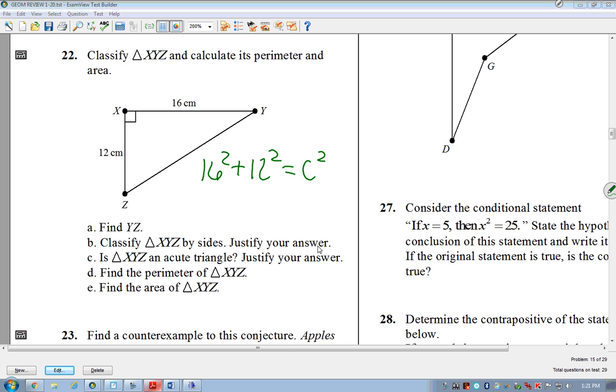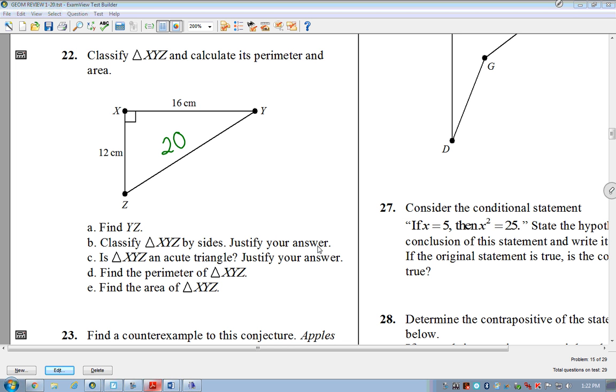Okay, 256 plus 144. What's 256 plus 144? 400. What do we do with it once we've got that? Square root. So that should be what? 20. All right, so we know YZ is 20.